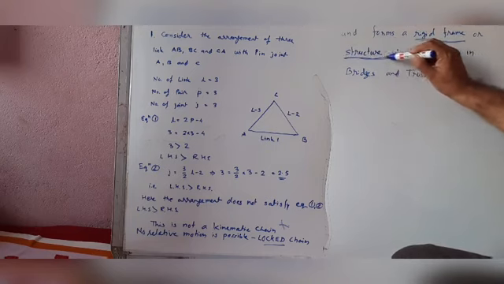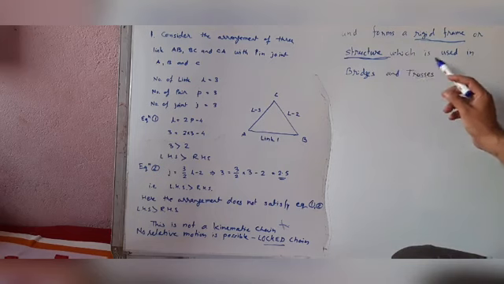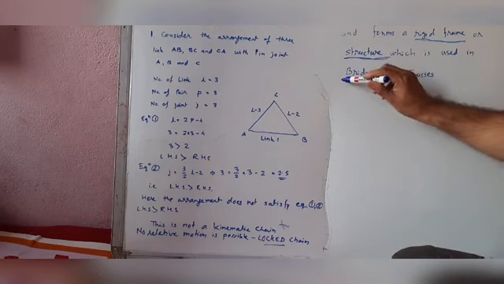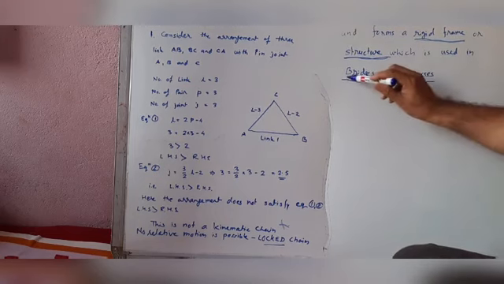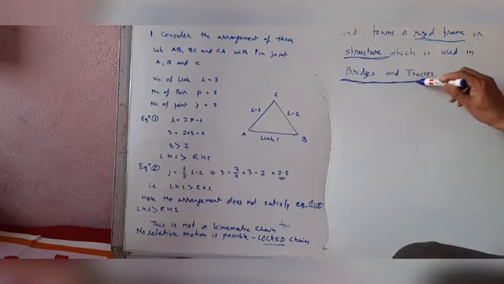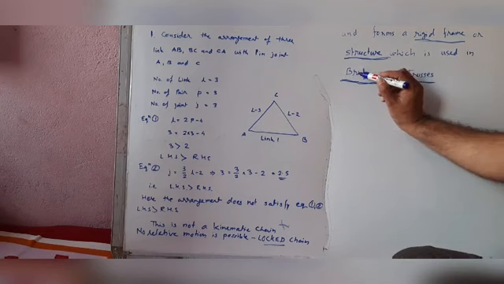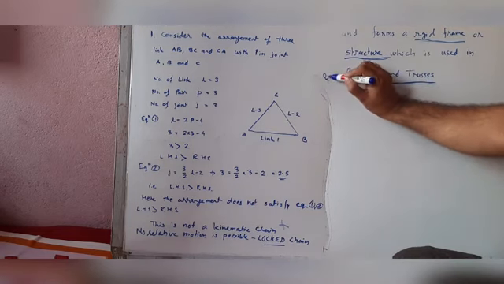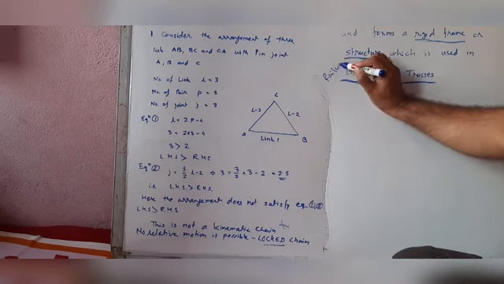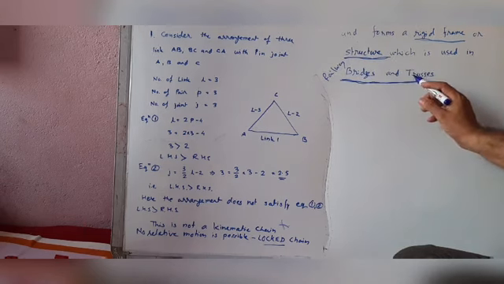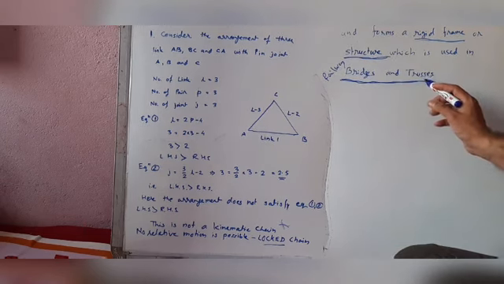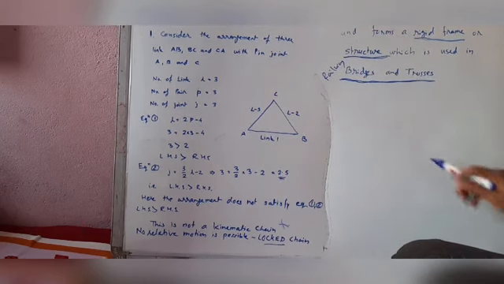This type of structure is mainly used in bridges and trusses, such as the railway bridge. You might have seen railway bridges and trusses in different industries also.